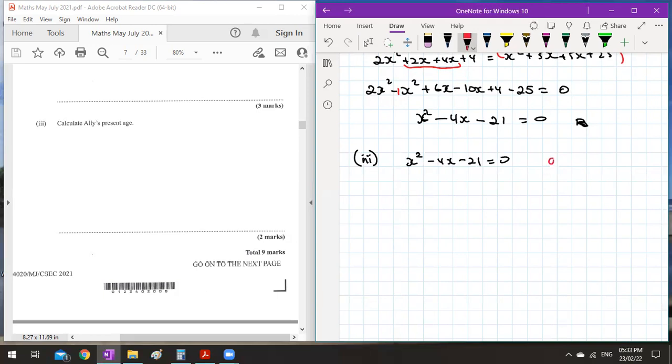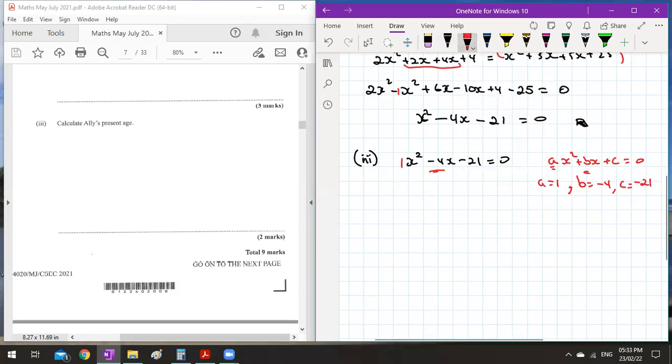It's in the form ax squared plus bx plus c equal to 0. So a is the number in front of x squared, in this case 1. B is the number in front of x by itself, in this case negative 4. And c is the number by itself, negative 21.